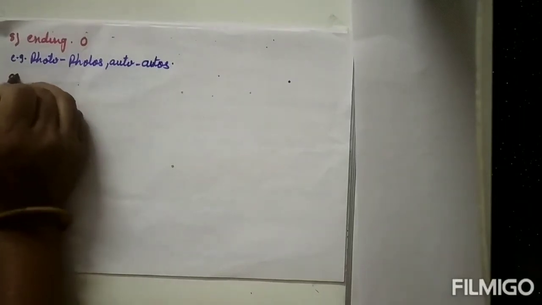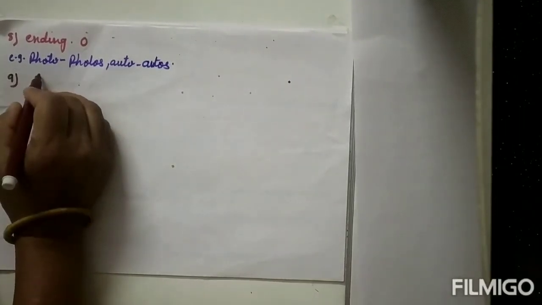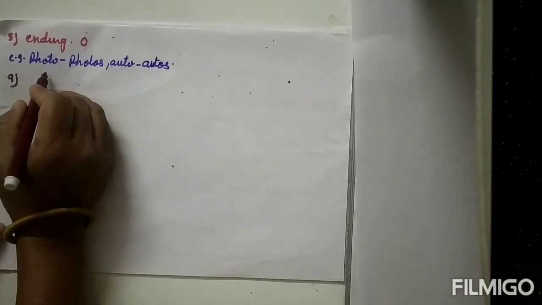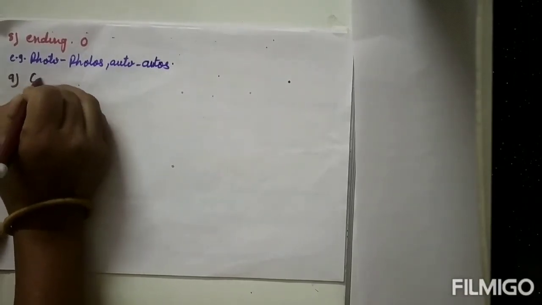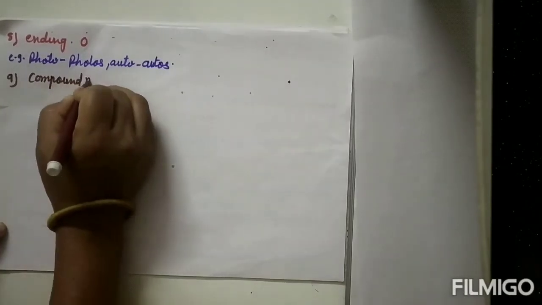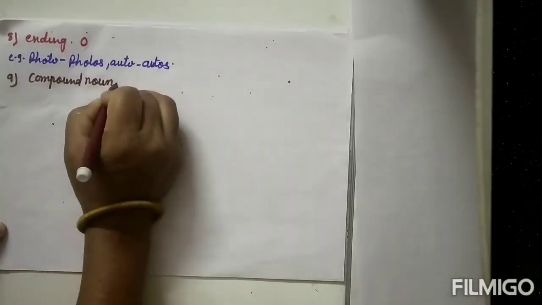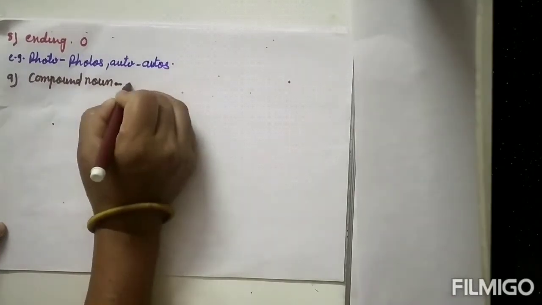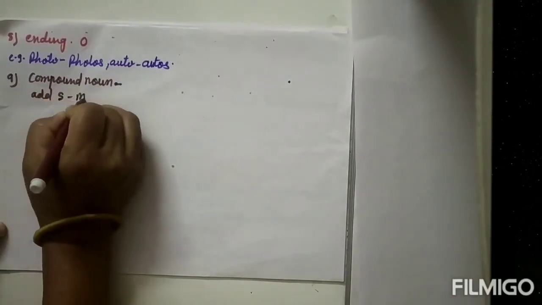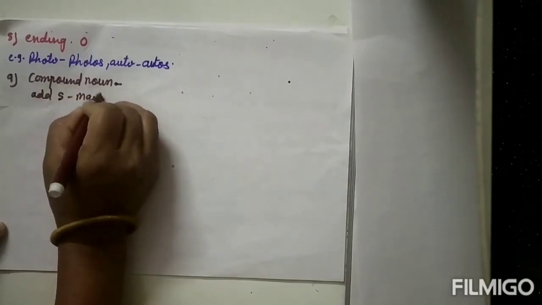Now next rule. If nouns consist of several words, that is compound nouns, the S is added to the main word. Means several words are added. At that time we are going to add S to the main word.